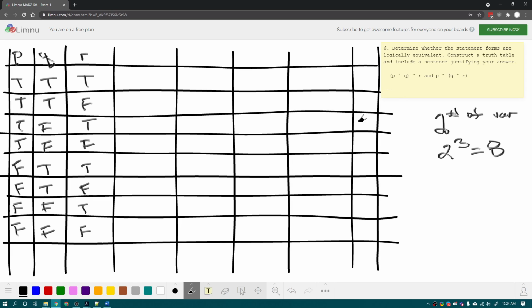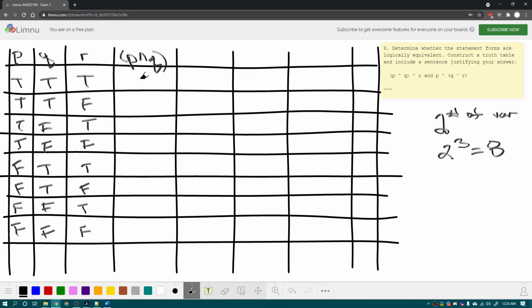Okay? So now the first thing I'm going to address is this grouped P and Q. As a reminder, P and Q is only true if both P is true and Q is true, right? So both of these columns have to be true for this column to be true.